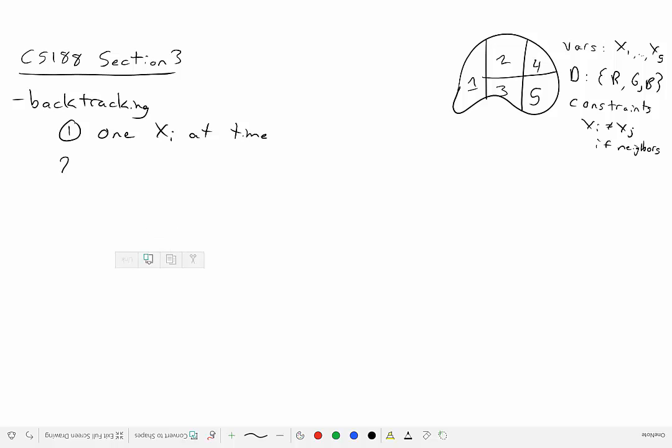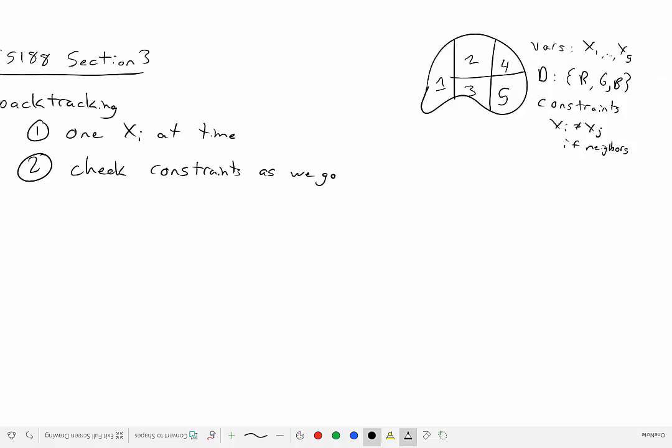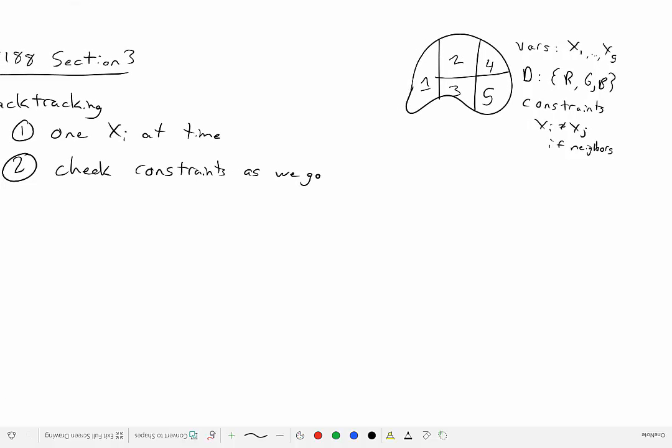Then the second thing that backtracking does is that it checks the constraints as we go. What I mean by this is that if we do x1 equals r, and then next the algorithm decides to do x2 equals r, this violates a constraint, so this is bad.